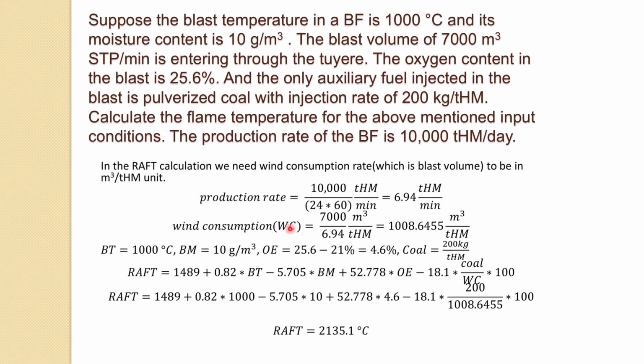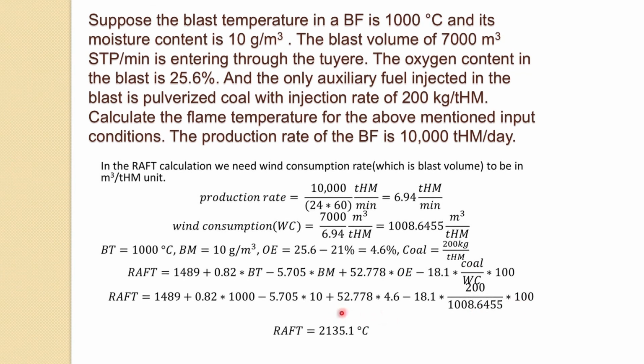So, once you have WC, the other values are given: the blast temperature, blast moisture, oxygen enrichment 4.6, and the coal rate is also given. You can directly put them into the formula: 0.82 into BT is 1000, your BM is 10, O is 4.6, and then your coal rate divided by wind consumption.